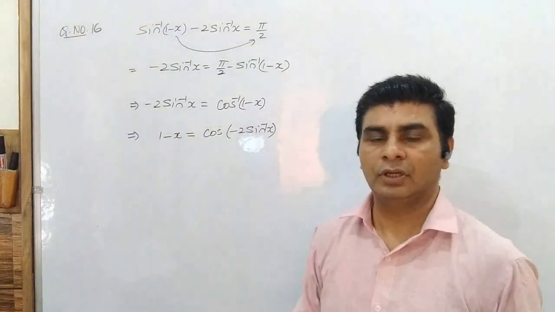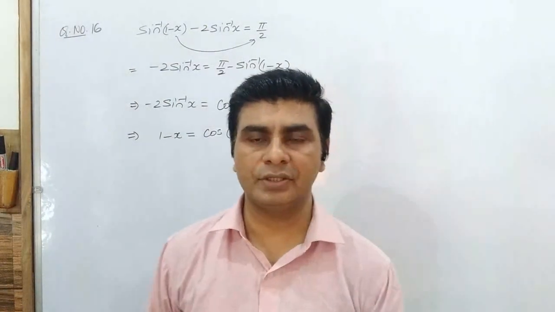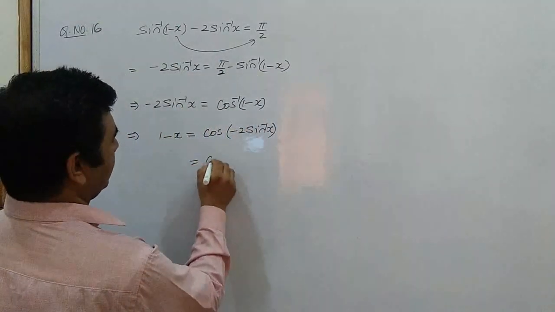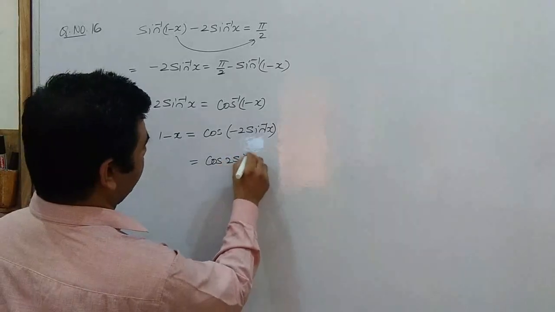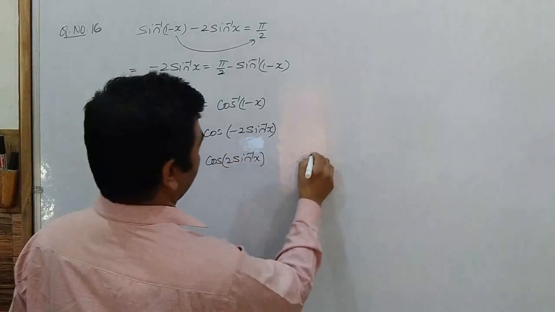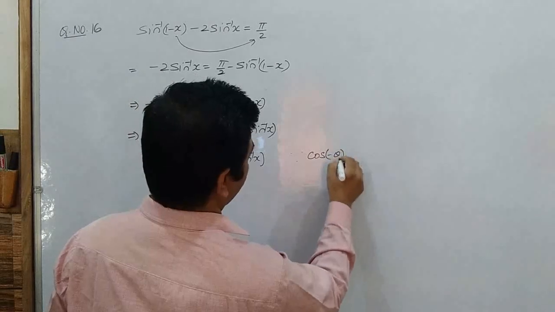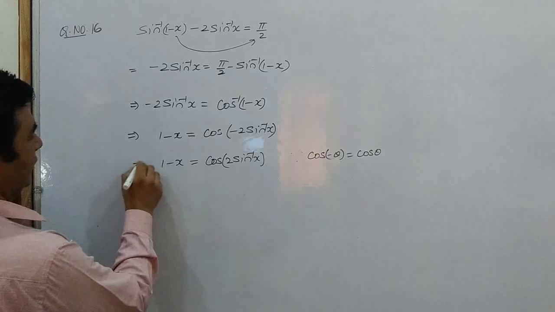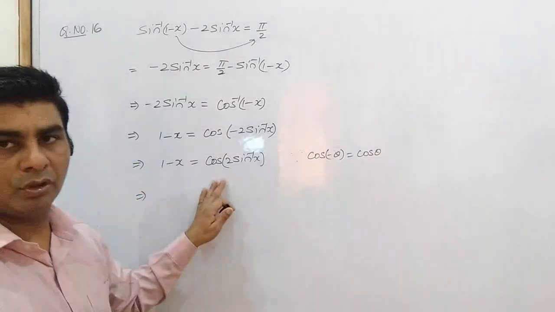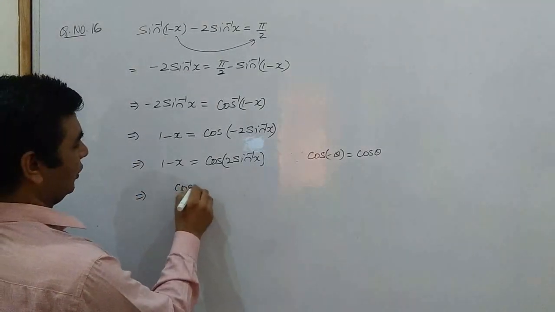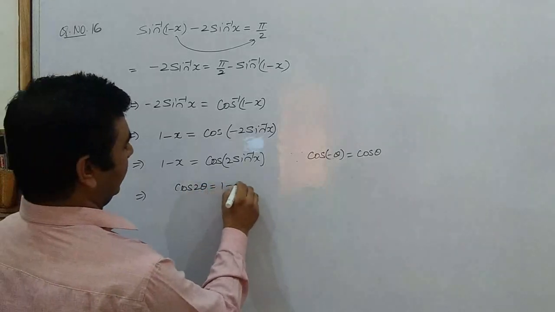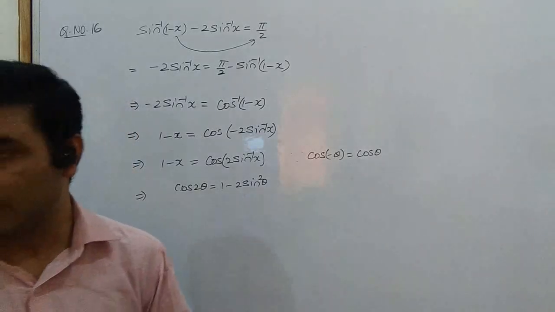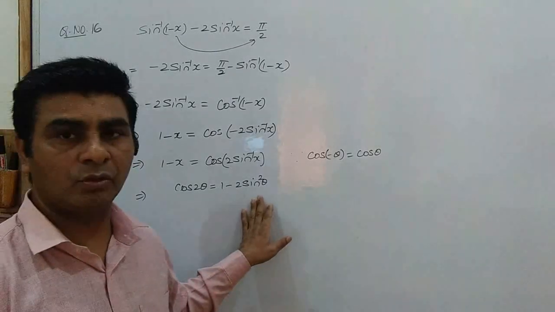अगेन वी नो दैट कोस माइनस थीटा इज इक्वल टू कोस थीटा, so this can be replaced by cos 2 sin inverse x, because cos minus theta is equal to cos theta only. Further, we also know that cos 2 theta is given by 1 minus 2 sin square theta.